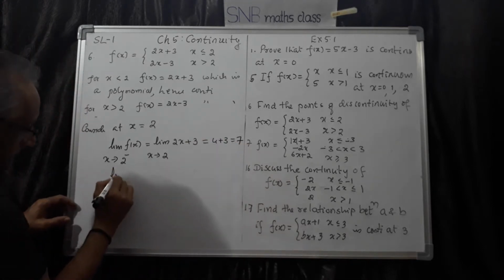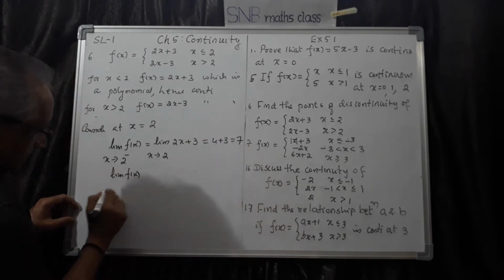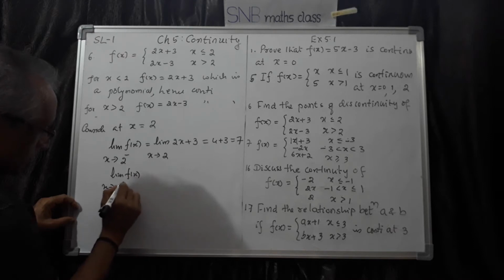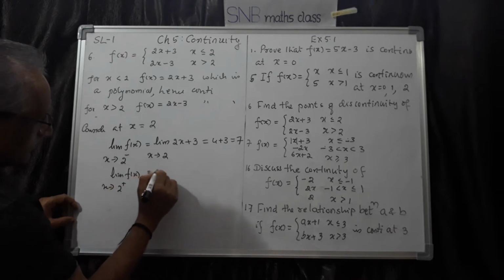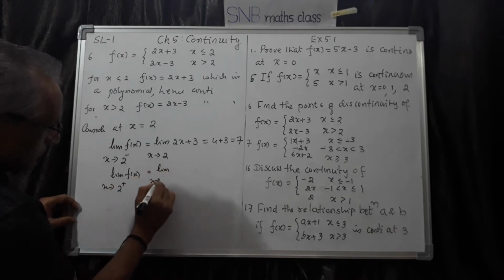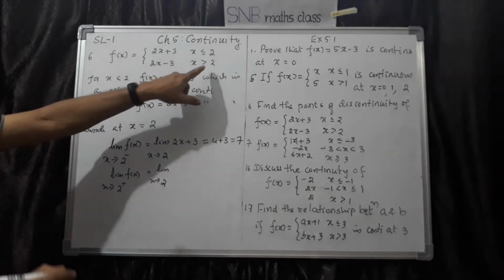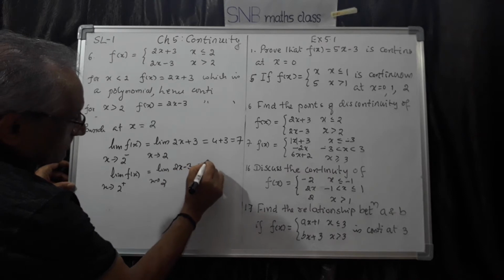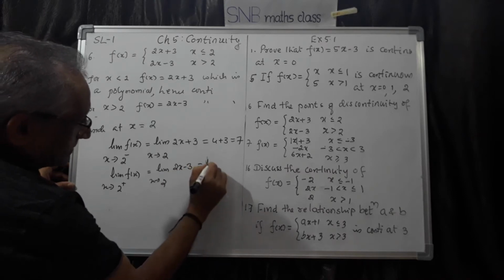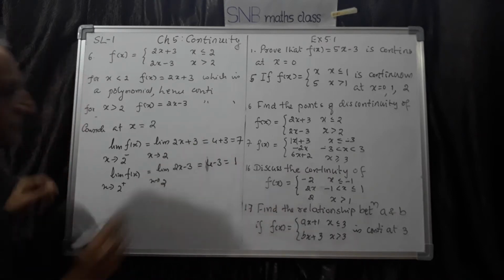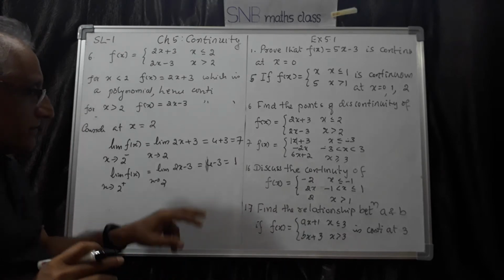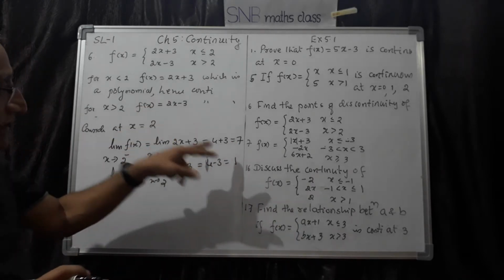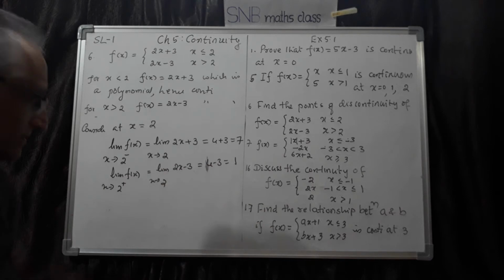Then the limit of f of x as x tends to 2 plus will be equal to the limit as x tends to 2 once again. 2 plus means more than 2, the function is 2x minus 3. So this will be 4 minus 3, this is 1. So now it is very clear. 7 and 1, left limit is 7, right limit is 1.